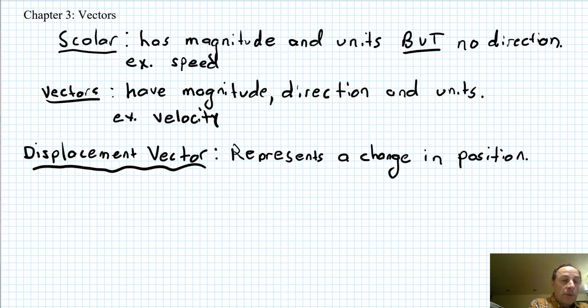So remember, change, different, opposite. Change in place. So right here, A is a displacement vector.